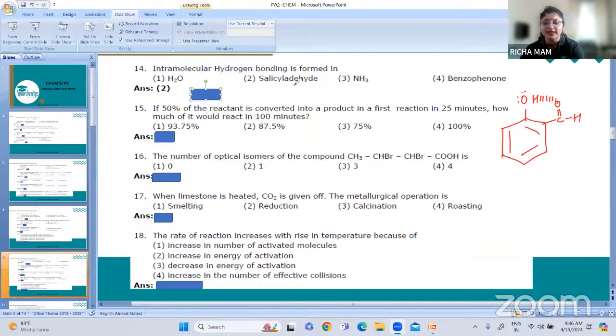Others, try to answer. Very important. This question is from chemical kinetics.